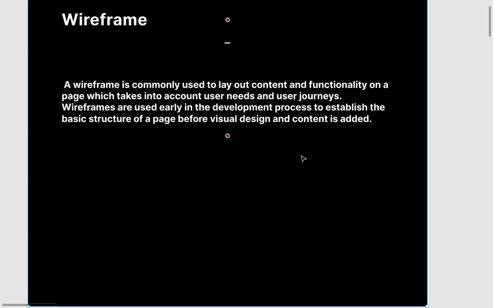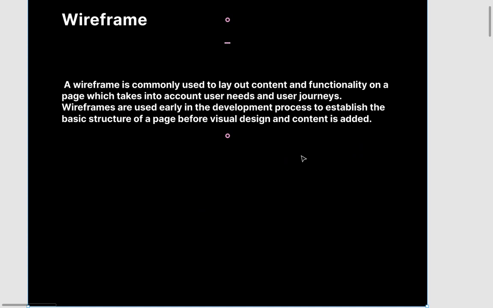Wireframes are used early in the development process to establish the basic structure of a page before your visual design and content is added. It's like people that build houses, they draw the architecture of the house first, right? So this is what a wireframe looks like.